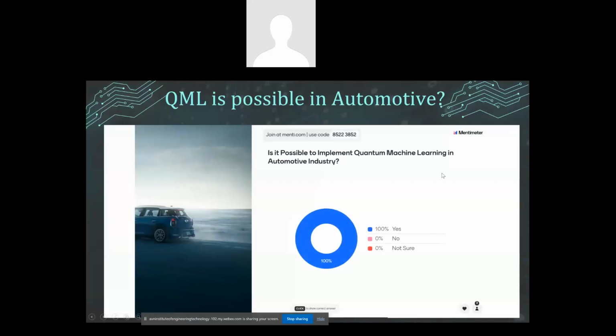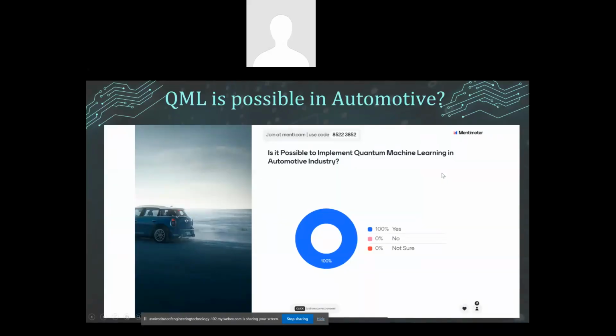Because we need a lot of certification in automotive, like functional safety, which is very complex in the system. Even in classical machine learning we need a functional safety certification process, so there will be huge involvement in the automotive sector.